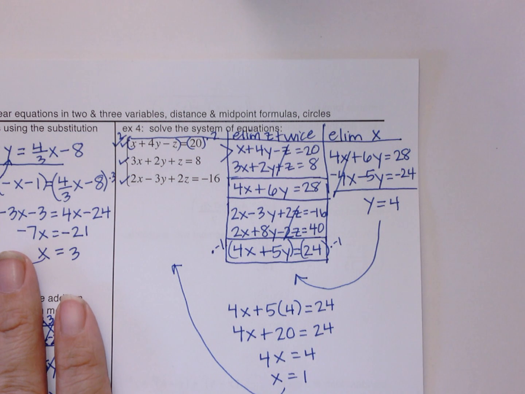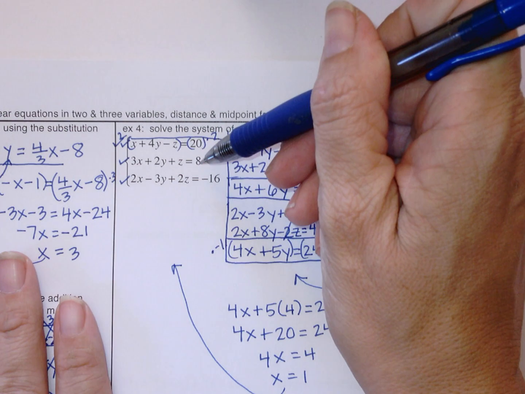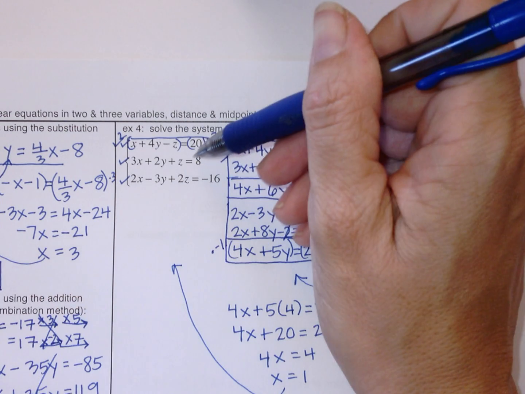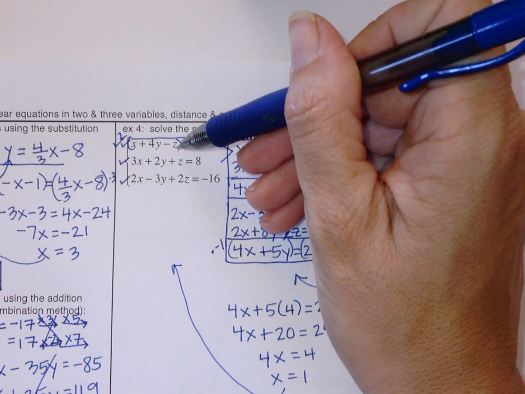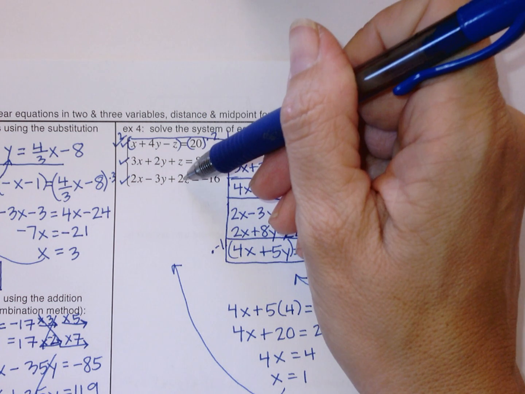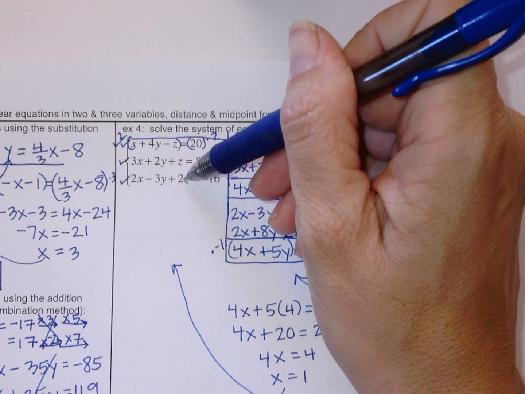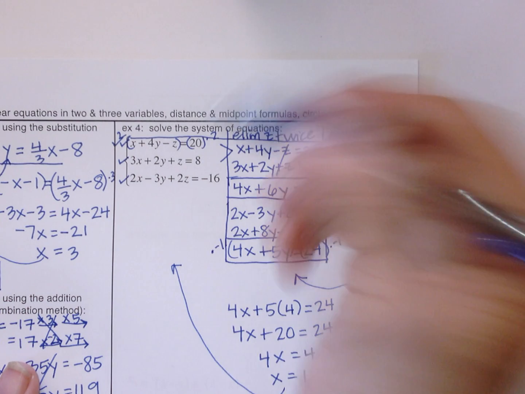My personal preference for this is because the variable I have left to solve for is z, I want to pick the equation where z is most by itself. So you could pick this one since there's a negative, but I don't like dealing with negatives. And you could pick this one, but in the end you'd have to divide by 2. So that's why I'm picking the middle one. But either of the equations will work.